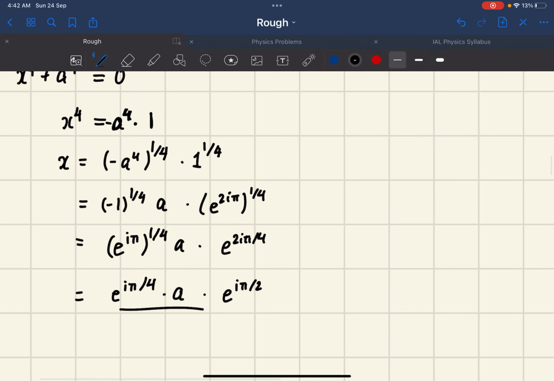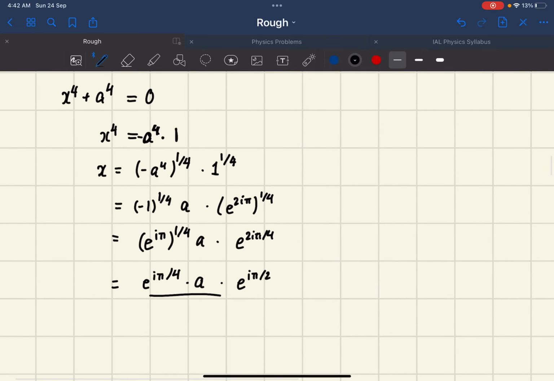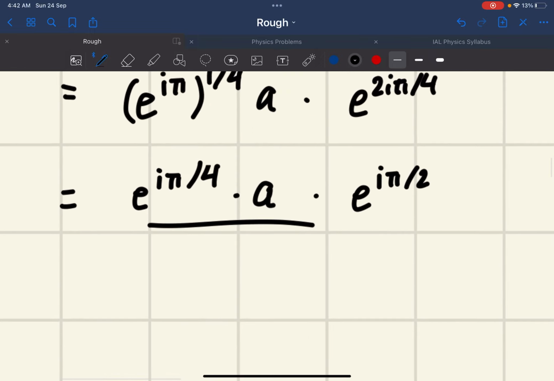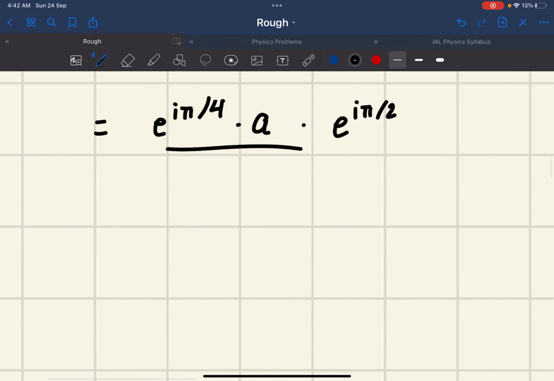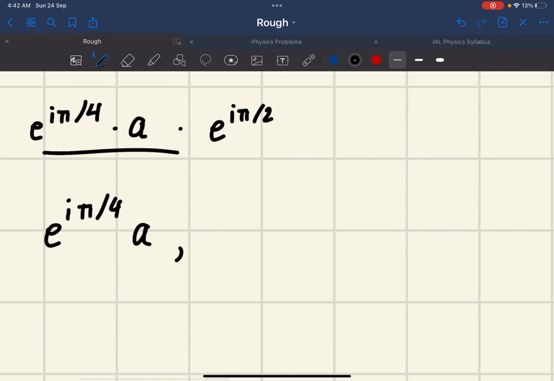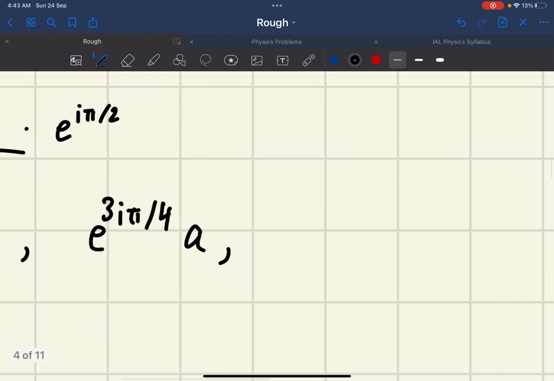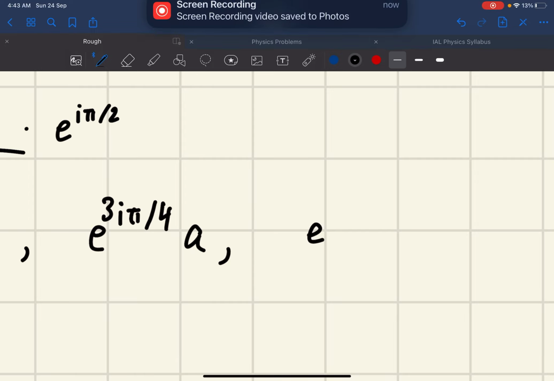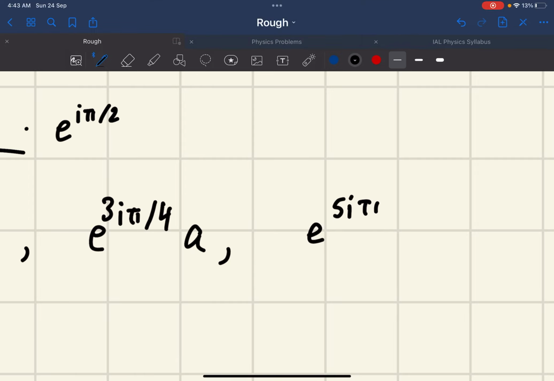So this is just my method of finding the roots of unity. You probably don't have to follow me. I just like to show my method. Anyways, if you know your complex numbers, these will be the numbers. These will be your roots.